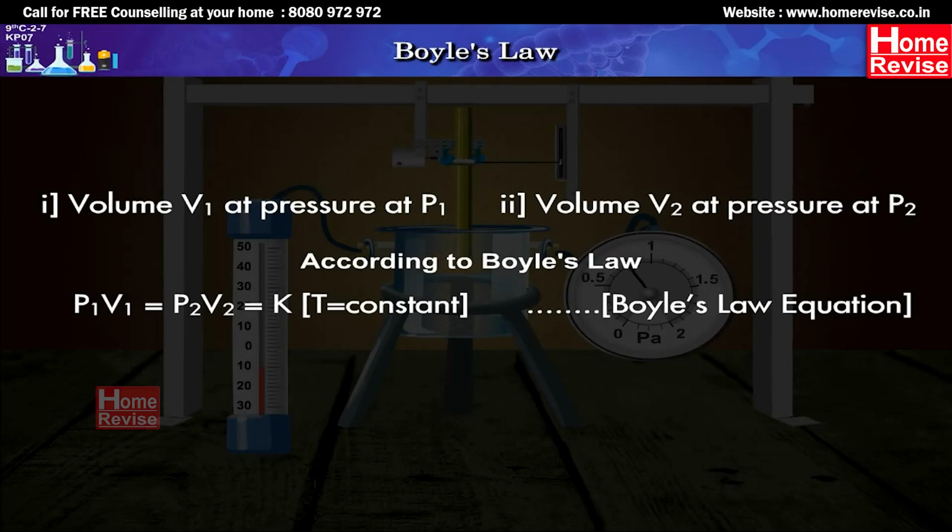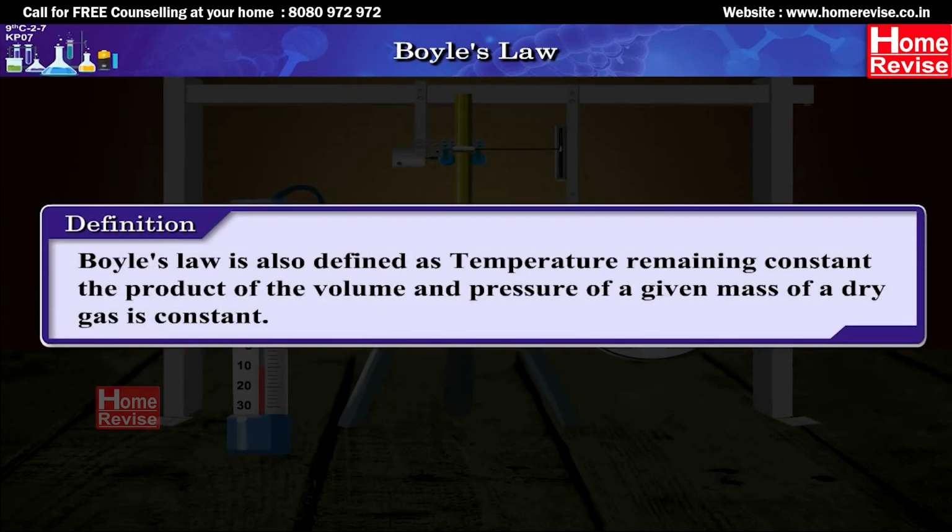This is Boyle's law equation. Boyle's law is also defined as temperature remaining constant, the product of the volume and pressure of a given mass of a dry gas is constant.